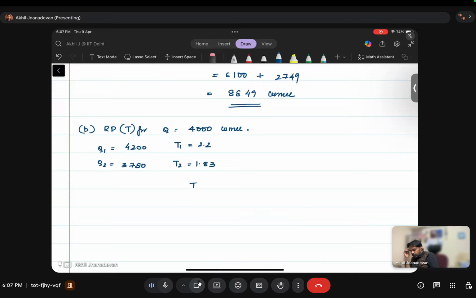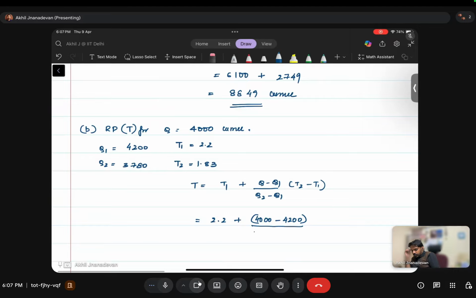The return period we can find using the interpolation formula, T1 plus Q minus Q1 by Q2 minus Q1, into T2 minus T1. Just substitute it: 2.2 plus 4000 minus 4200 by 3780 minus 4200, into 1.83 minus 2.2.